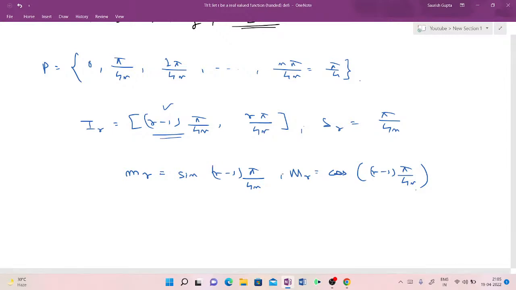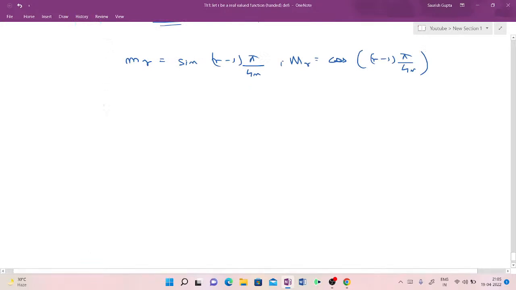Got it? Okay. Now, what is your LFP going to be? LFP equals summation r equals 1 to n of sine of (r minus 1) pi upon 4n times delta r. What's your delta r? It's obviously pi upon 4n itself, right?